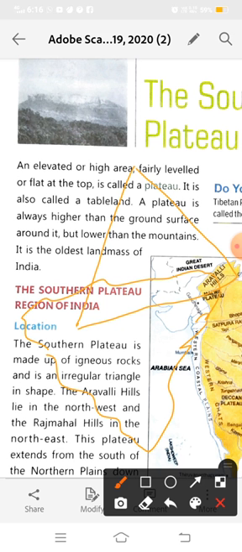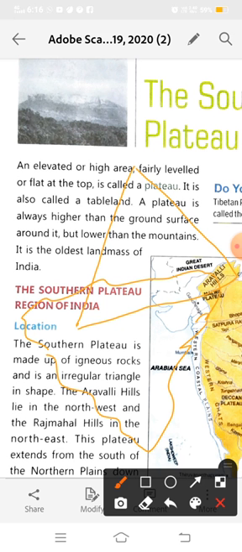Metamorphic rocks are formed from other rocks that are changed because of heat or pressure. Some rocks change their shape or their features because of heat or pressure, and then they are known as metamorphic rocks. So the Southern Plateau is composed of old igneous and metamorphic rocks. Okay, and it was formed.